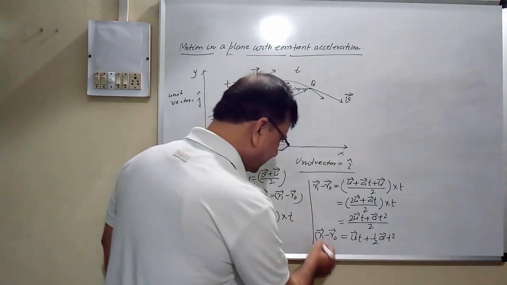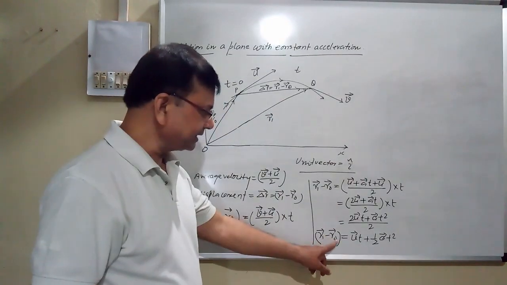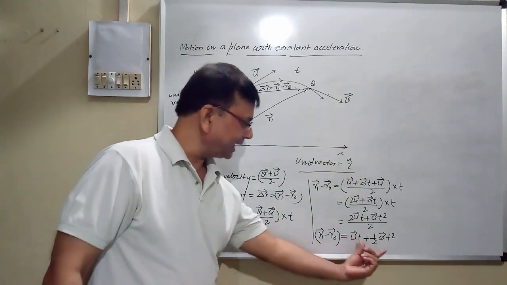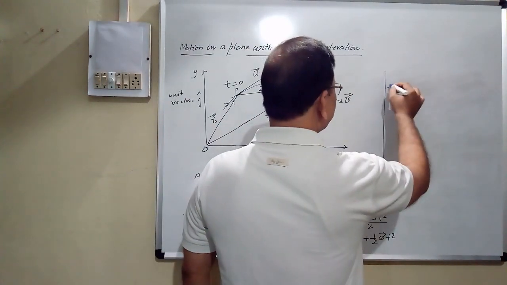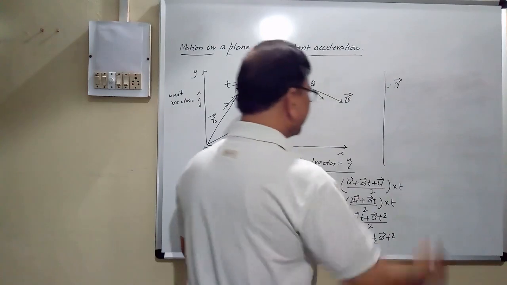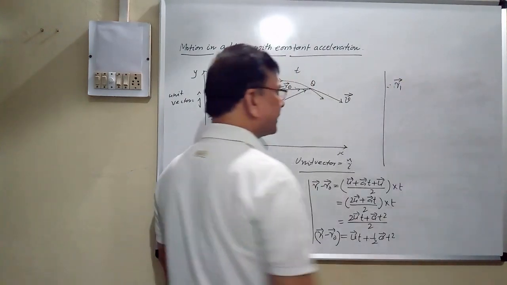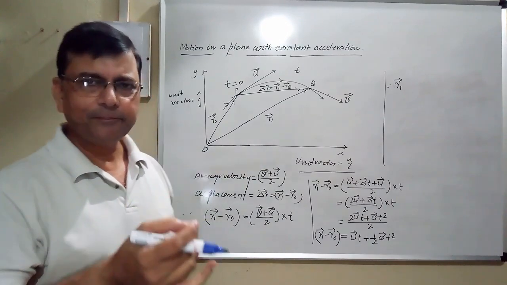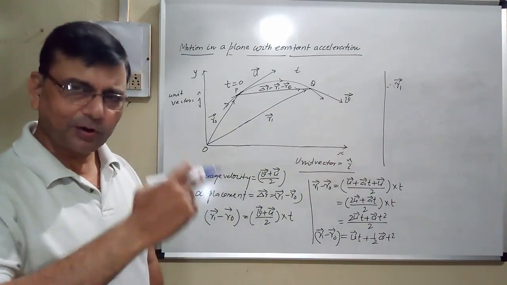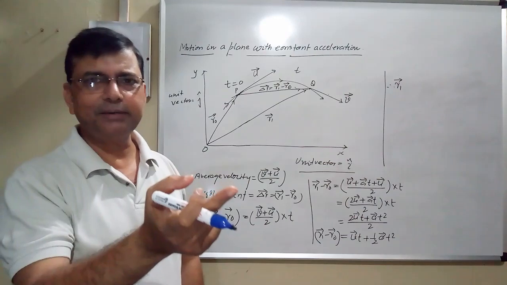So two position vectors are there. This is displacement and displacement is equal to this. Therefore r, of course it's r1. R1 means position vector of the object at time t. Means from the beginning it took time t.